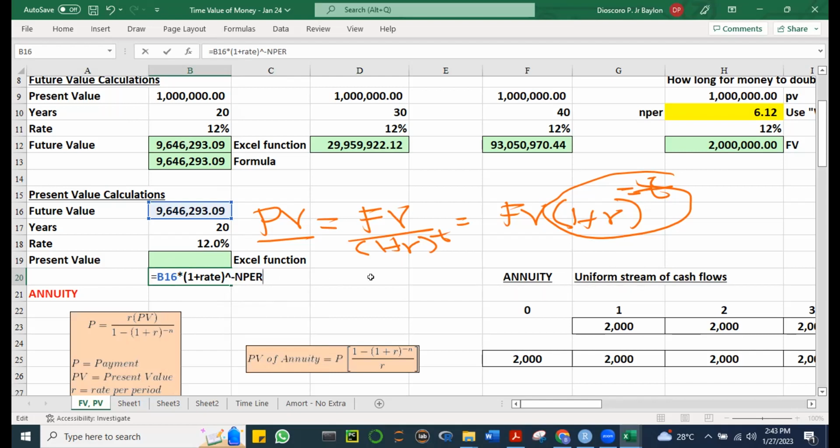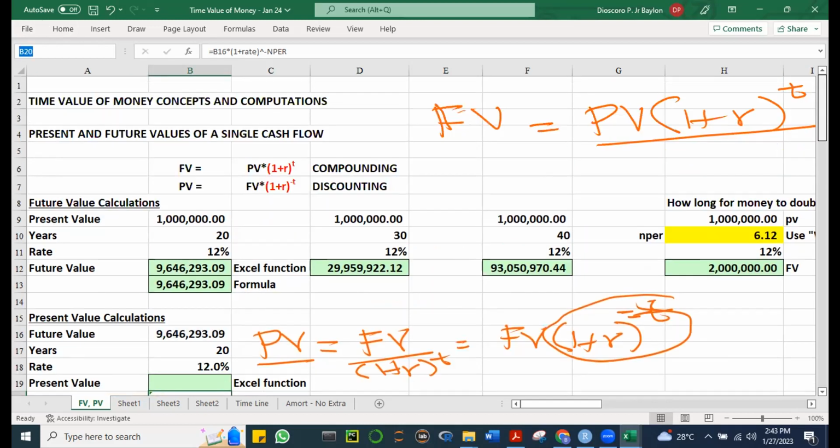All right, so, okay, why is this wrong? Why did we use NPER? Ah, okay. We did not use NPER, right? So maybe let's just use years here. Okay, so I'll name this one to be years.